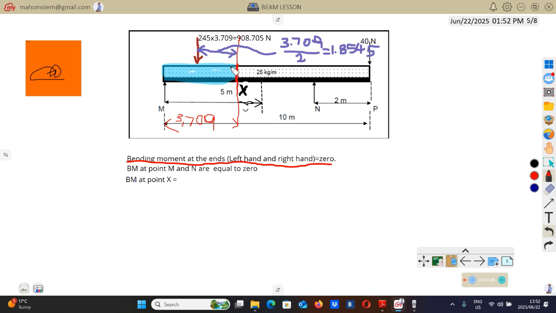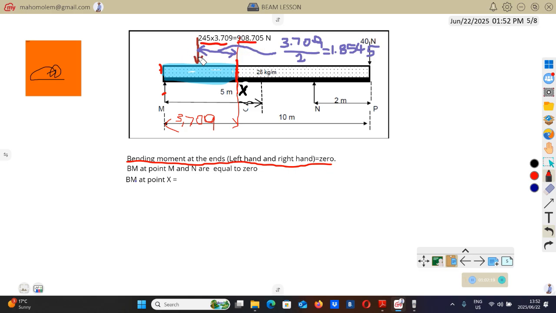So we're going to check this side, the left hand side. When we check the left hand side, you'll have this force here and then this blue force, which is the weight of that beam starting from here to there, equal to 245 times the distance.